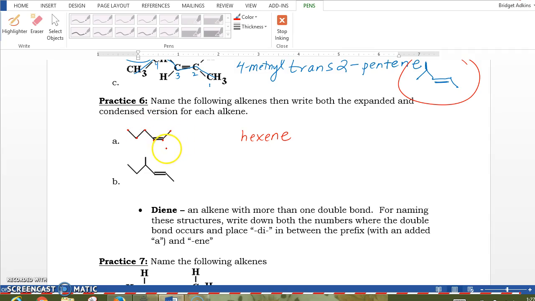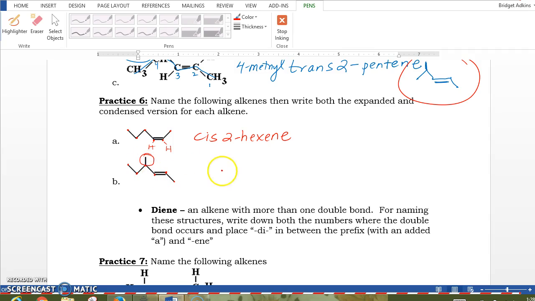The H is coming off, or does it look like trans? And if you look, the H's are coming off this way, right? So this is cis isomerization, and the double bond is occurring on the second. So we would say 2-hexene, put the cis out in front, and we don't have any branches coming off of that. So cis-2-hexene.